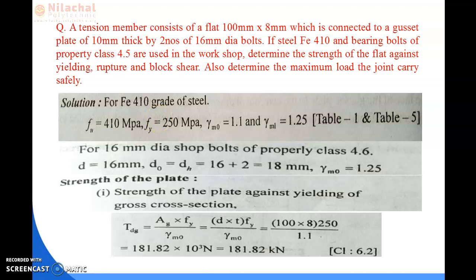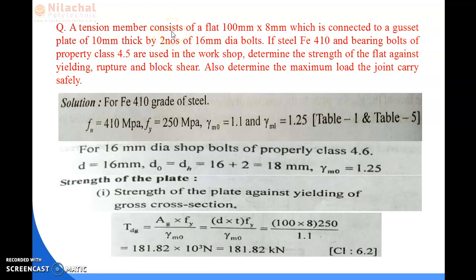First of all, we need to write the data given in the question. The grade of the steel is given, and the dimension of the plate section or flat is given, which is 100 mm into 8 mm. The diameter of the bolt is 16 mm, and the number of bolts is 2.